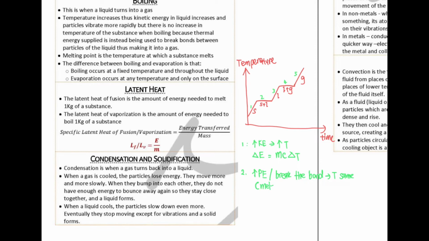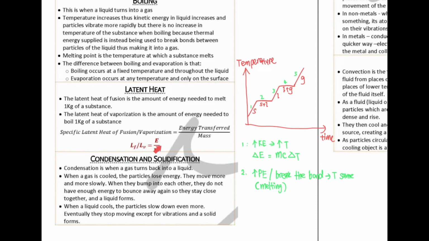What happened here? Melting. During melting, we don't use delta E equal to mc delta T anymore because there is no change in temperature. We use latent heat of fusion. What is the formula? The formula is here.